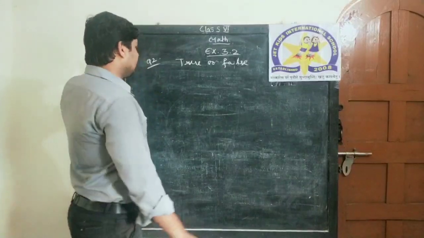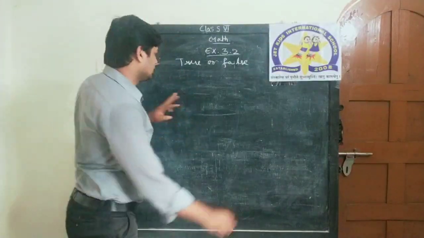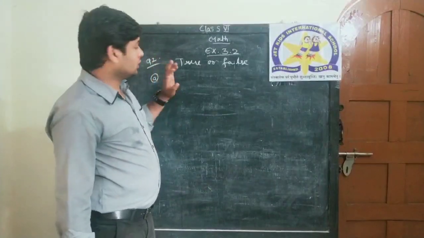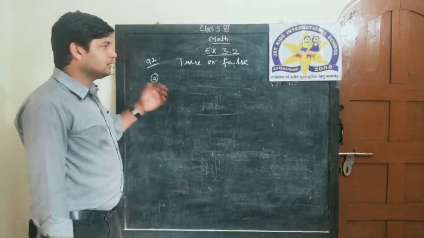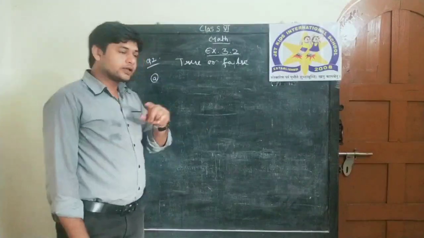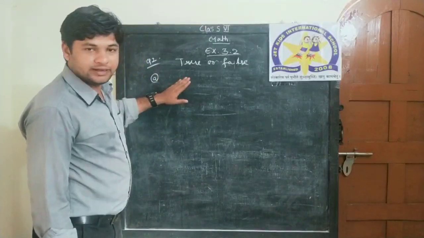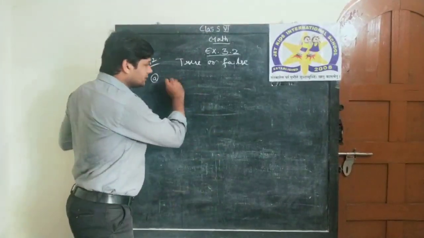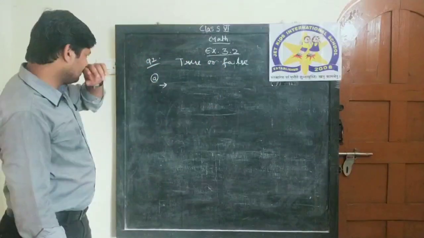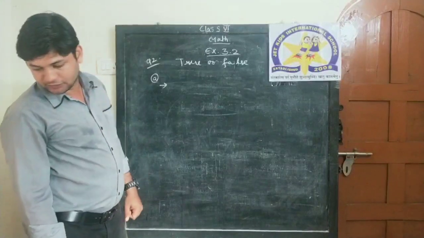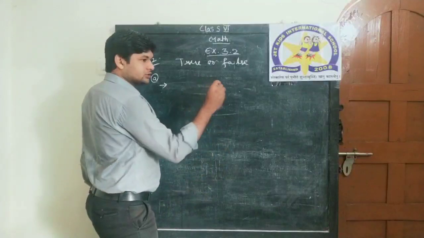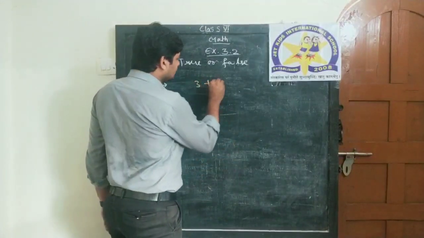First question, that is A. I am also describing how you will write answers to true or false questions in your notebook, so pay attention to how you have to maintain your notebook. First you will write the question over here, then you will start solving below that. So true or false? The sum of three odd numbers is even. Take three odd numbers, mark my word: 3, 5, and 7.